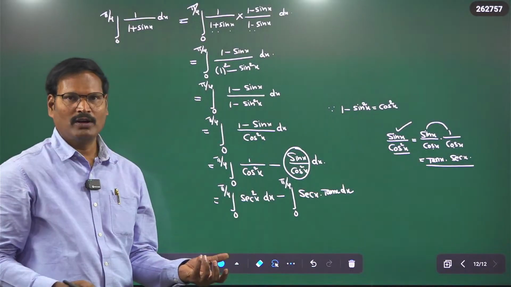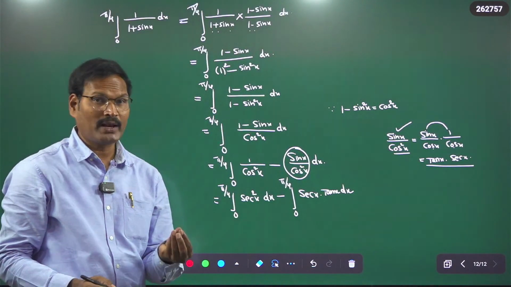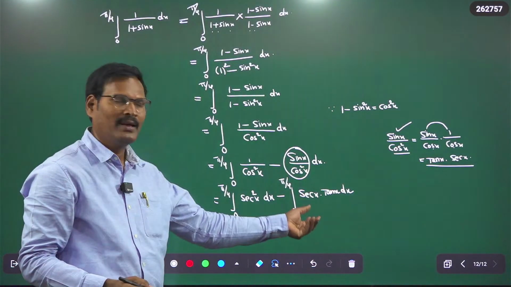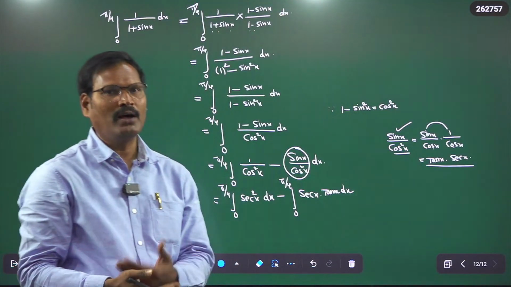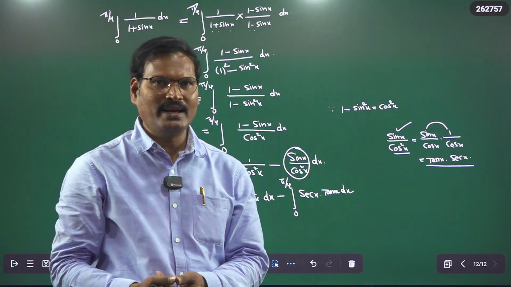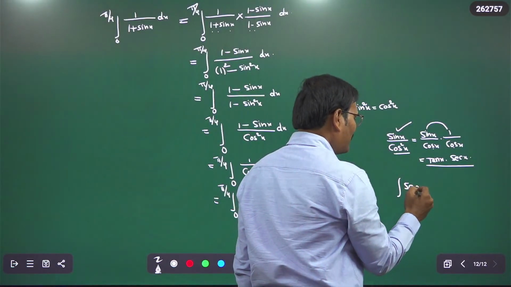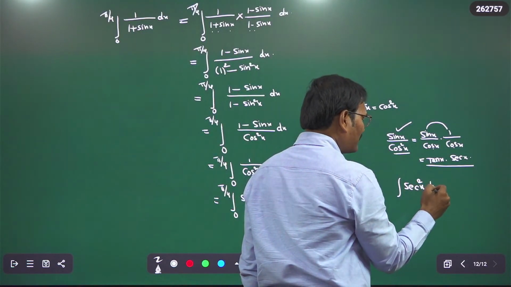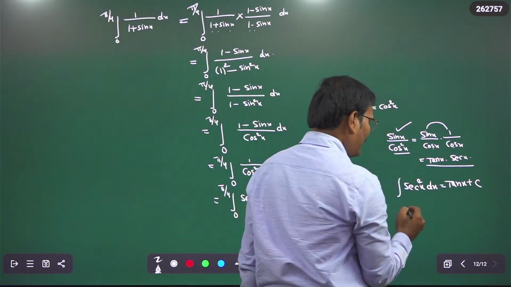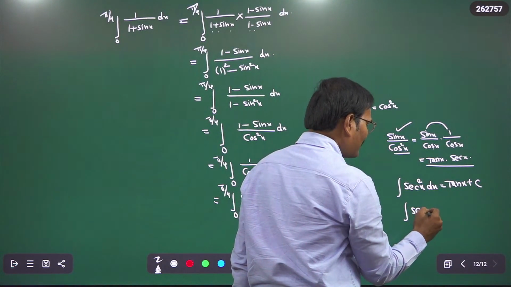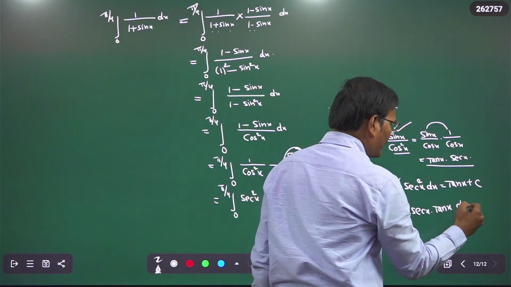So we have the formula. Yes or no? In indefinite integration, we have clear formulas for secant square x and secant x tan x. What is the formula for integral secant square x dx? Integral secant square x dx is equal to tan x plus c. Integral secant x into tan x dx is equal to secant x.